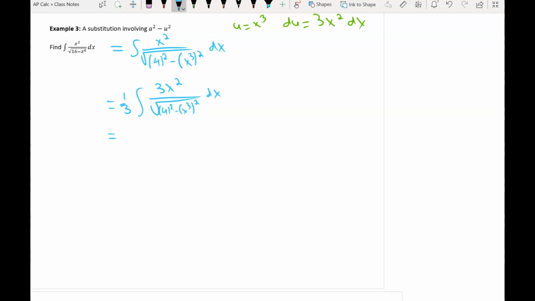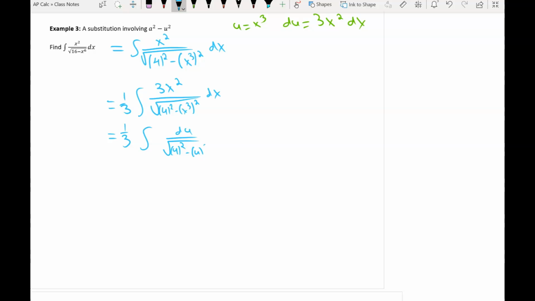And now we can recognize, well, this is going to be 1/3 where u is x to the third, du is going to be 3x squared, so this is 1/3 integral of du over the square root of 4 squared minus u squared. You could write a if you want a to be 4, but we're just going to leave it as 4 squared.